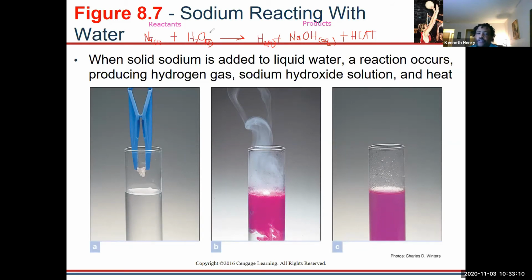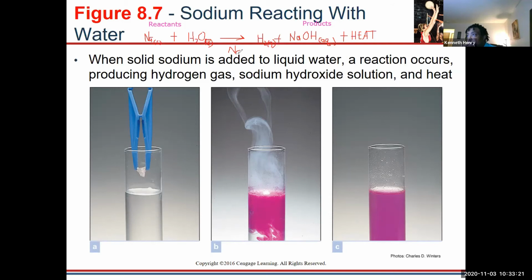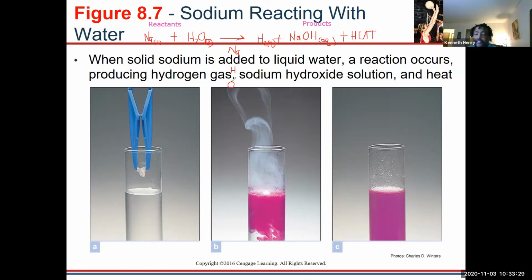Sodium, hydrogen, oxygen. Anything else? Okay, good, nothing else.